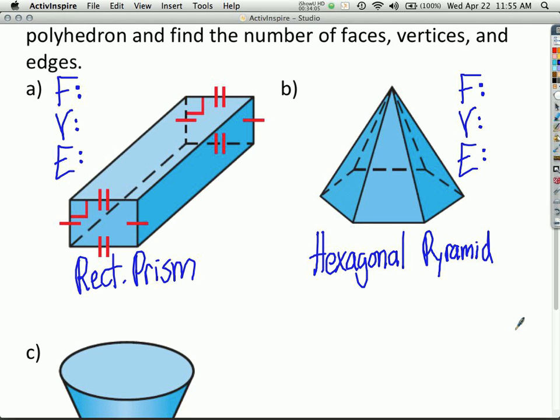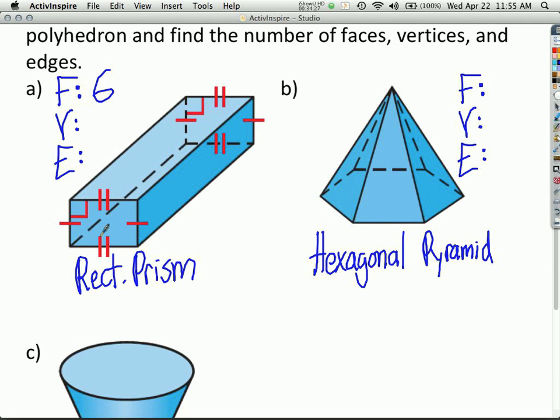So how many faces are there for a rectangular prism? Extol, how many faces did you get? 6 faces. Let's see. 1, 2, 3, 4, 5, 6. There are 6 faces. How many vertices?